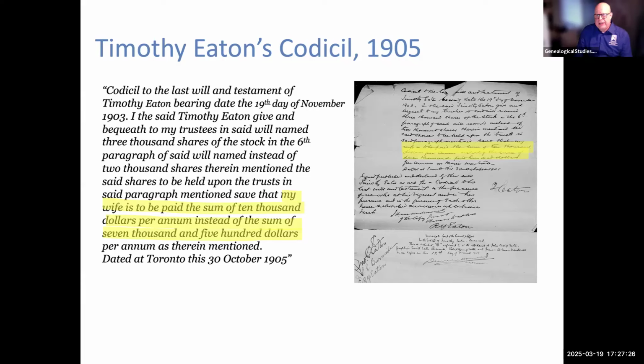See, in his original will, he had said that his wife would be entitled to the sum of $7,500 a year. But 2 years later, he decided she'd be entitled to $10,000. So he had this handwritten amendment added right into the will.